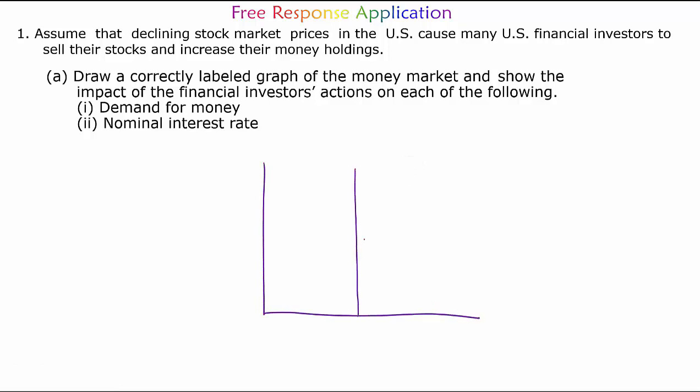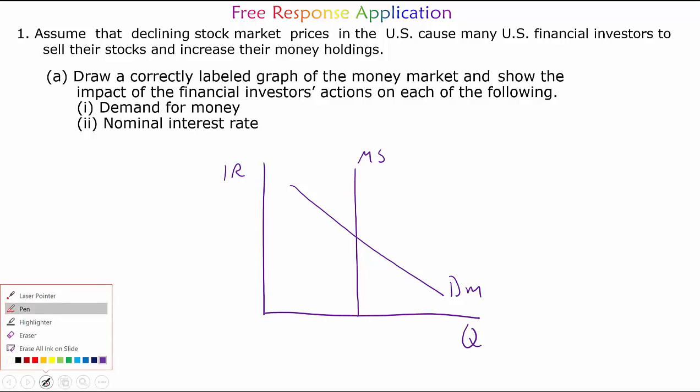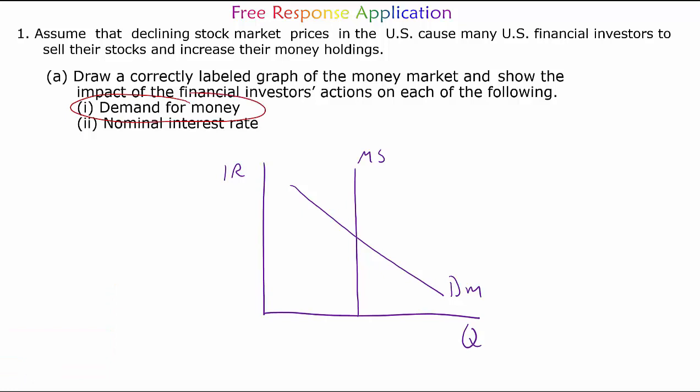All right, so this is our money supply curve. This is our demand for money curve. We've got quantity and I've got interest rates. Now notice this question is specifically asking us about the demand for money. So I could put my money in the stock market or I can hold on to money. Well, if I put it in the stock market, that means I don't have very much demand for money as an asset.